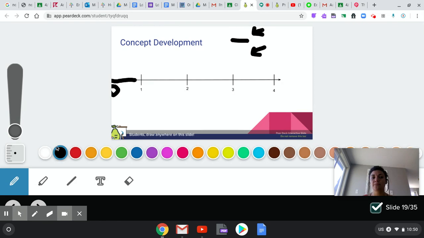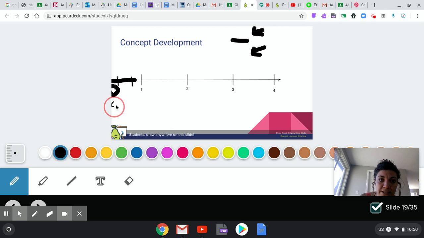So for this concept development, if we are dividing this into thirds, that would be from 0 to 1, making sure I had my 3 pieces, right? The 0 would be 0 thirds. This next one would be 1 third.